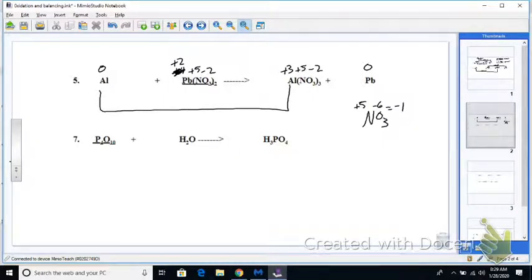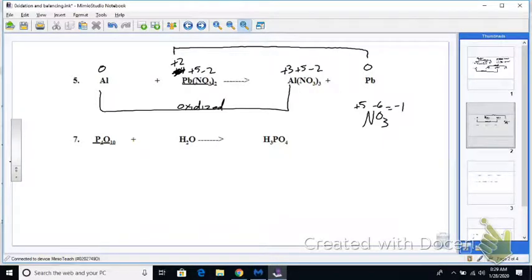Oxidized. Okay. Are you just showing us what it ends up being, oxidized or reduced, or do we actually need to write that out on each one? I would like you to write it out on each one, so that you're actually doing it. What's the other one that changes? Lead does, right?